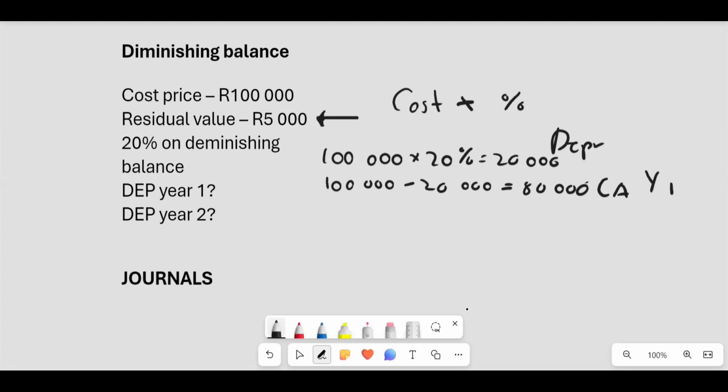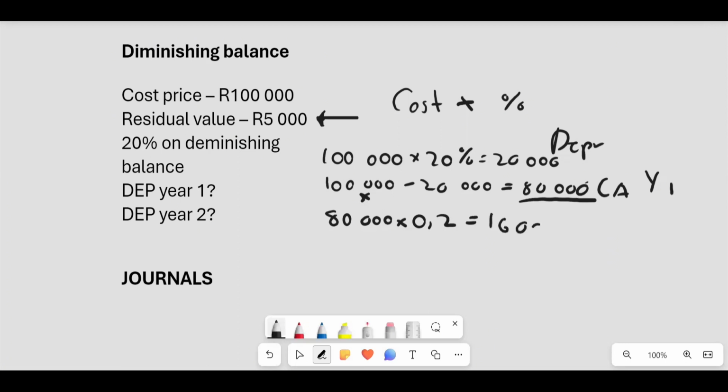When you calculate for year two, you take 80,000, like you take the carrying amount and not the cost. And then you multiply it by the percentage. Then you're going to get 16,000.